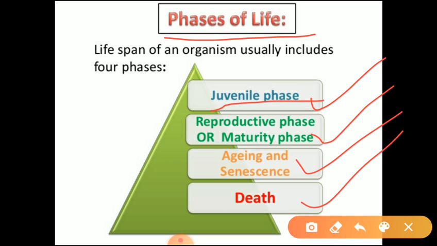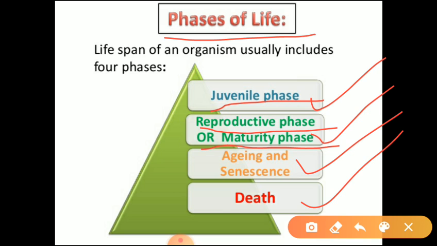It is the period from birth till the attainment of sexual maturity. This phase we can call the juvenile phase or vegetative phase. Second one is the reproductive phase or maturity phase.